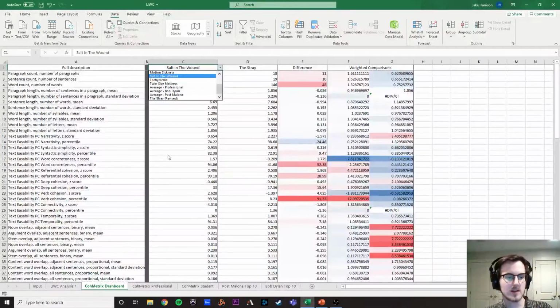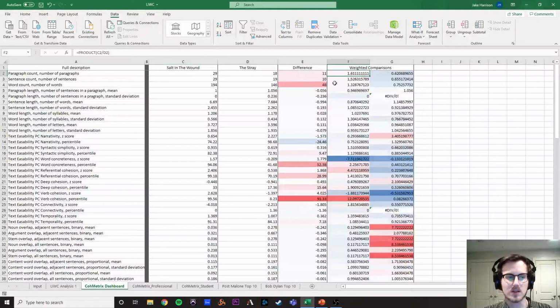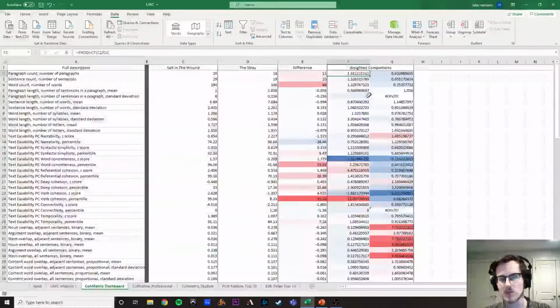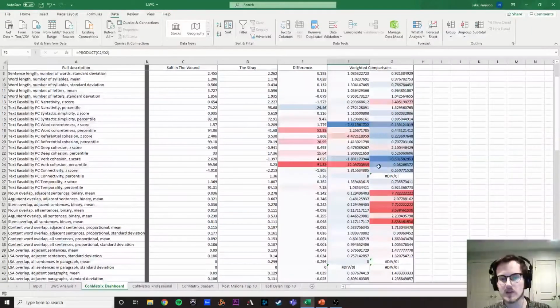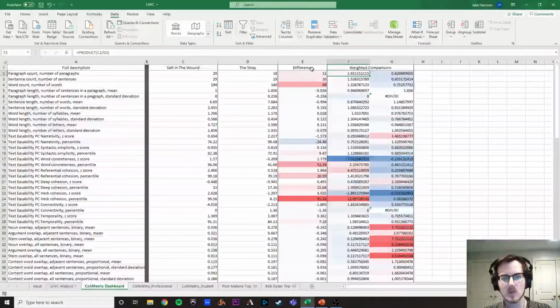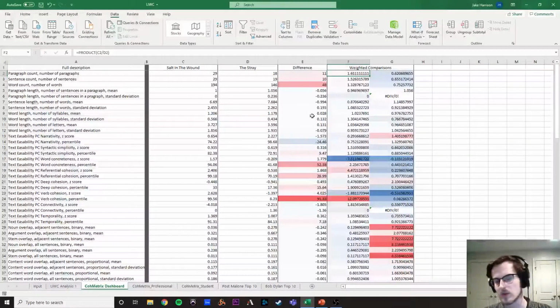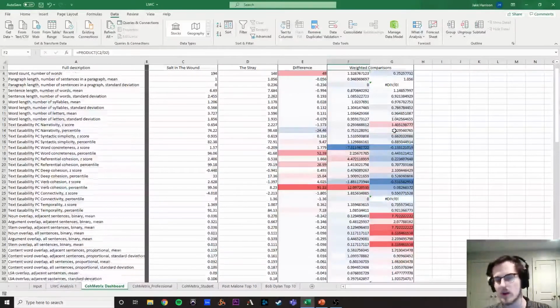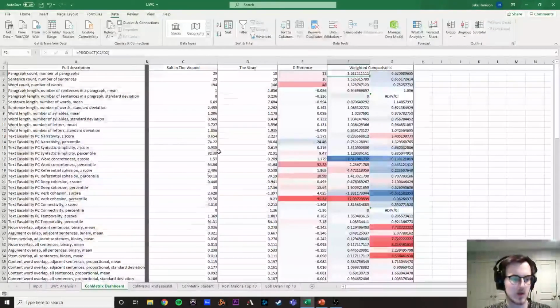Because Coh-Metrix has some variables that are very small numbers and some that are very large numbers, we have weighted comparisons on these sides that are dividing the numbers by each other, so you end up with these percentages of each other. So some of these are more useful to look on this side, some of these are more useful to look on here, but you have options to see both.